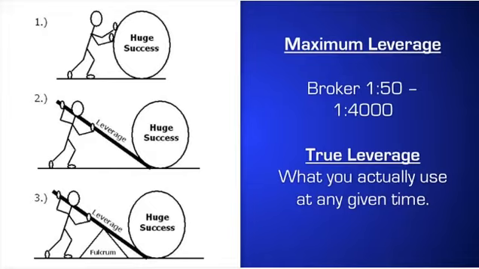It's not very wise to use all $300,000. You want to give yourself some room to move around, to breathe, especially if you're trying to renovate the house and need room for renovation expenses and whatnot. Your true leverage is what you actually use at any given time.